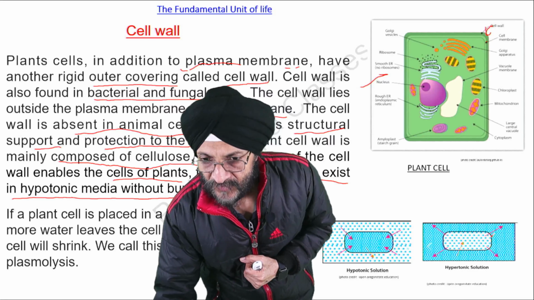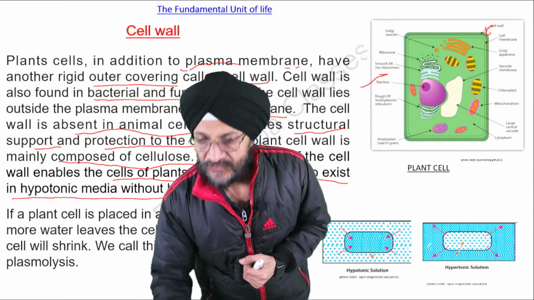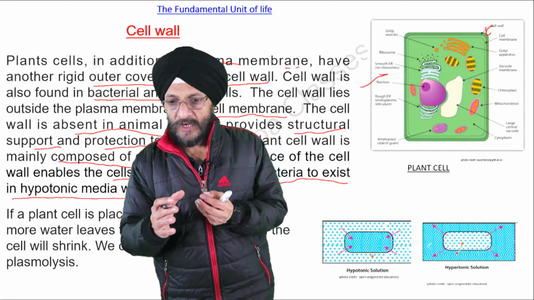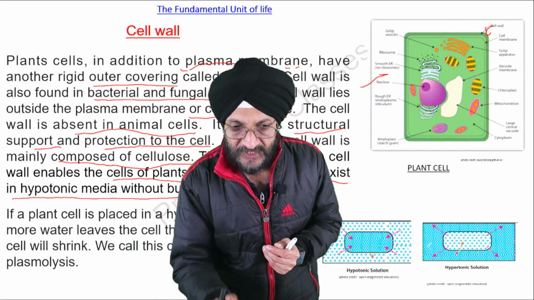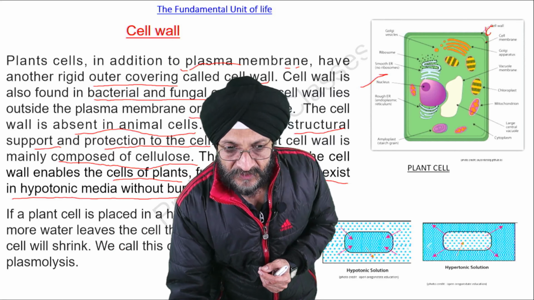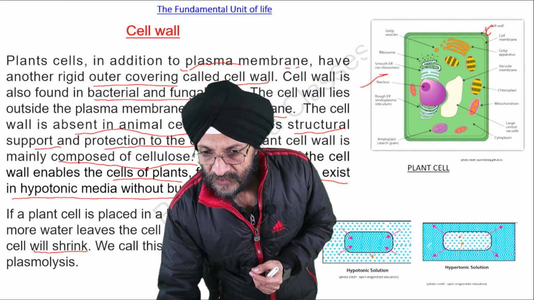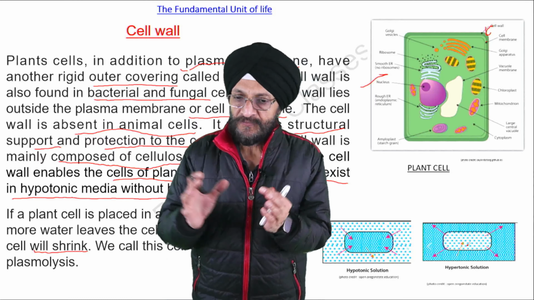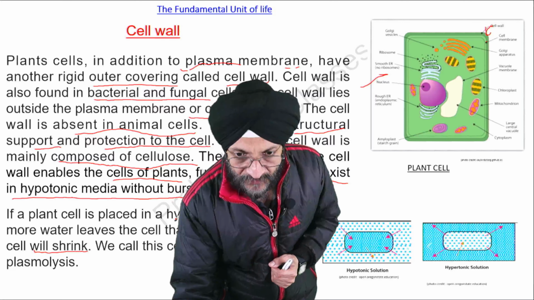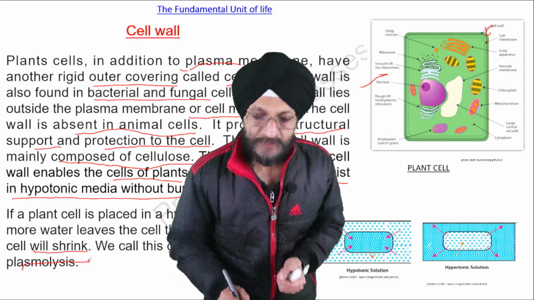The water will leave the cell to the outside, and only a small amount of water will come in. The net result will be that more water will leave the cell. Then the cell will shrink as the water comes out of the cell in more quantity. We call this contraction of the cell plasmolysis.